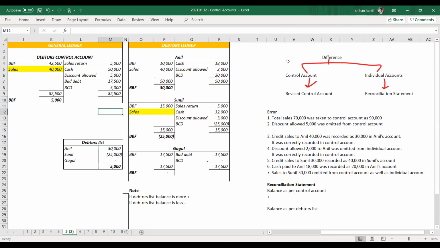How do you correct this? First, the error in the control account, you have to correct it. Omitted sales, you have to record 30,000. Then the control account balance will be 35,000. You calculate the control account balance after correction.